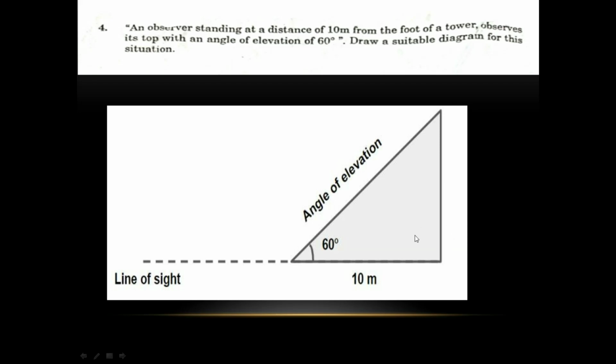So, assume that this is the foot of tower. An observer is standing at a distance of 10 meters from the foot of the tower, and he observes the top of the tower with an angle of elevation 60 degrees.